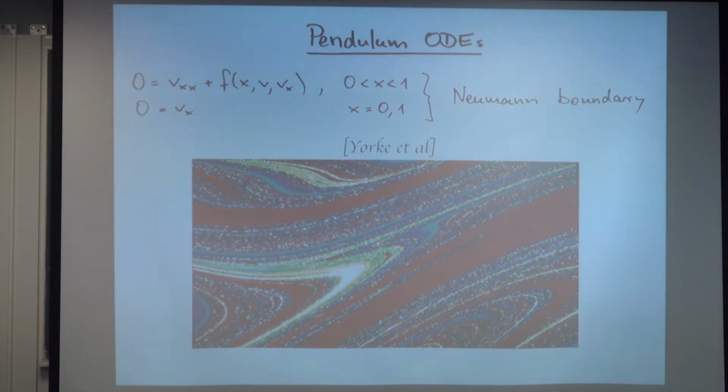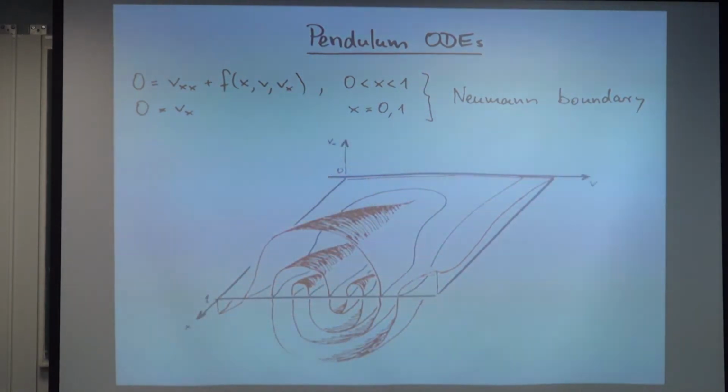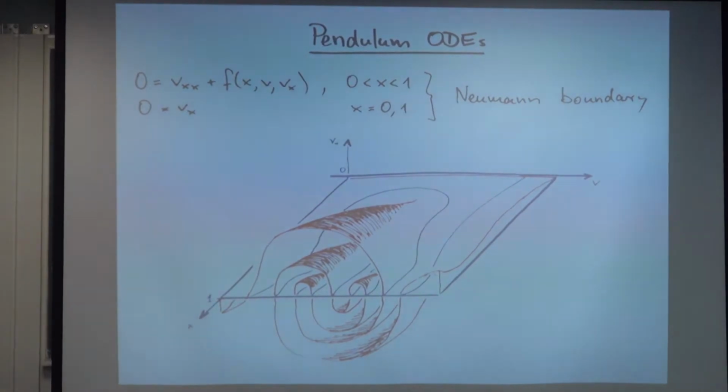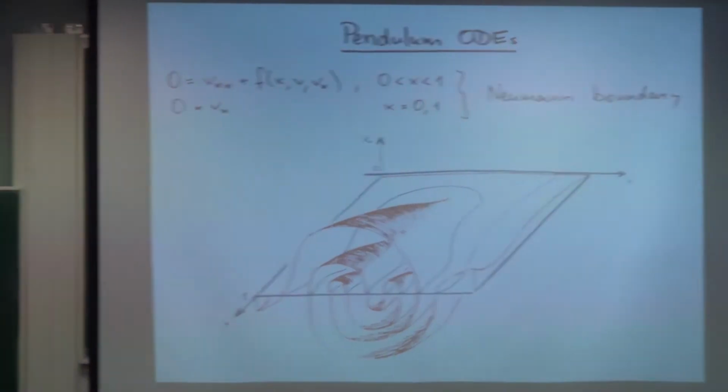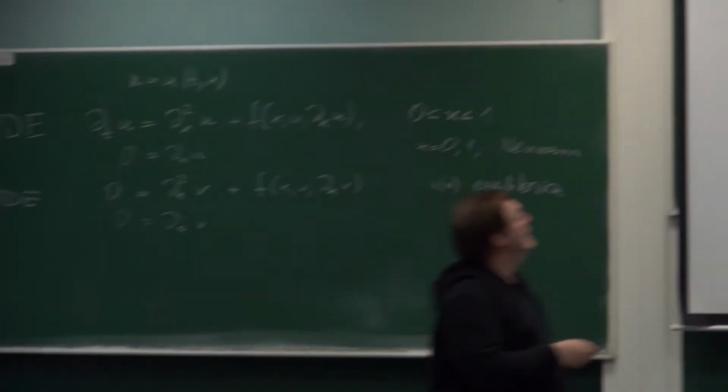Now, let's see what happens. Let us solve this boundary value problem. What do numerical people do to solve such a boundary value problem? They say, okay, in the v, v_x plane, I'm looking for equilibria, with this ODE case.